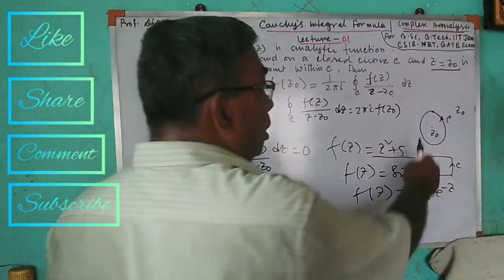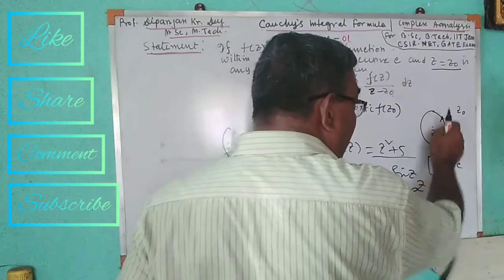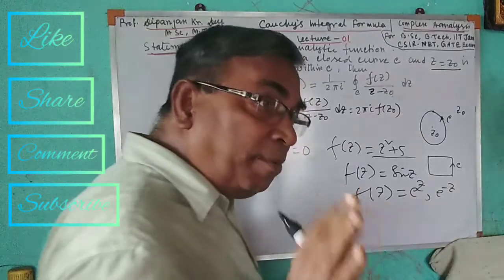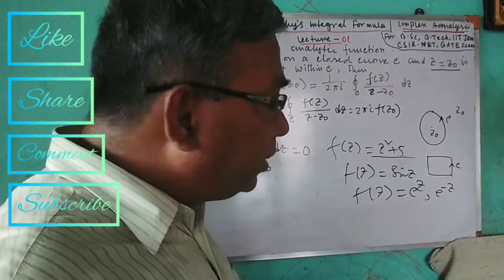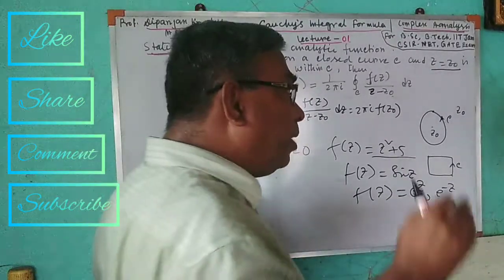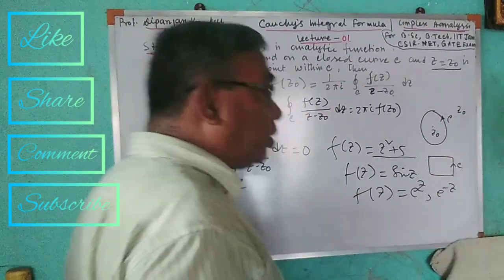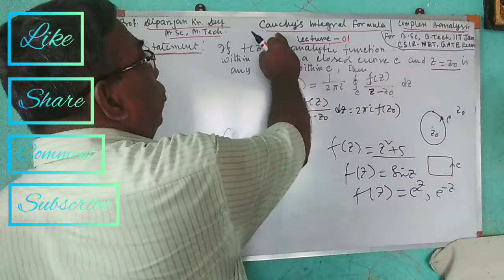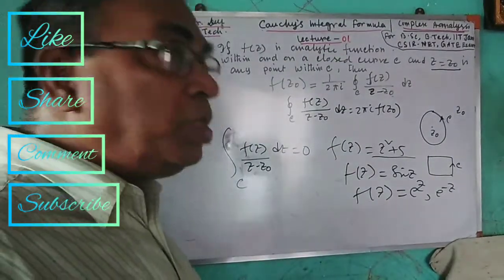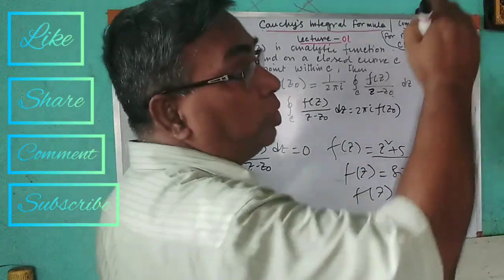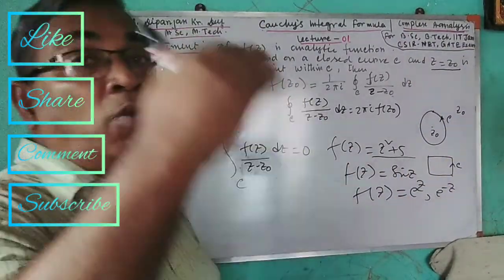If z0 lies inside the circle or inside the closed curve, not only a circle, it may be a square, a rectangle, or any closed curve, then we have to apply Cauchy's integral formula.